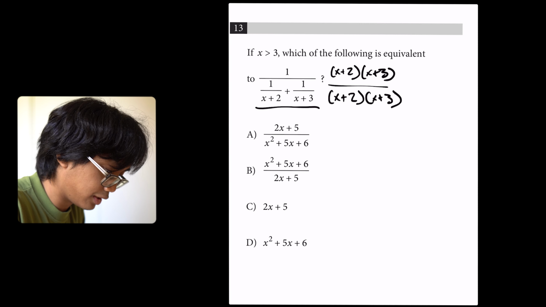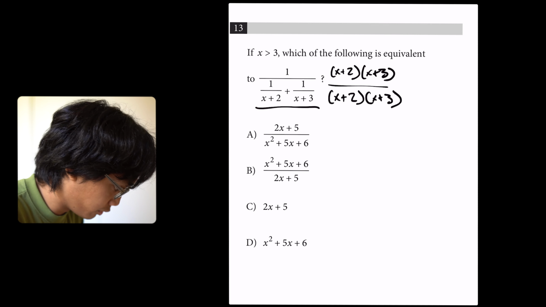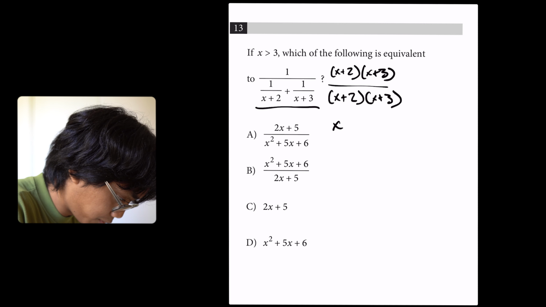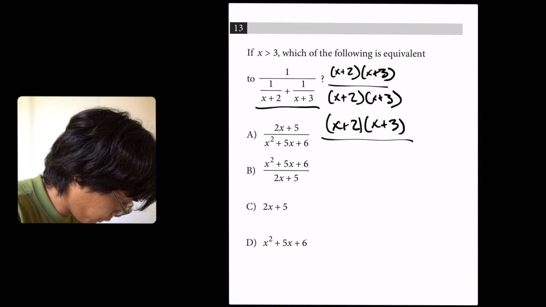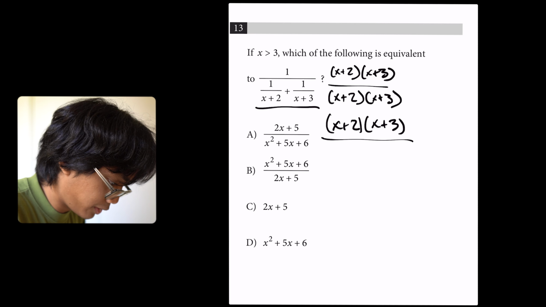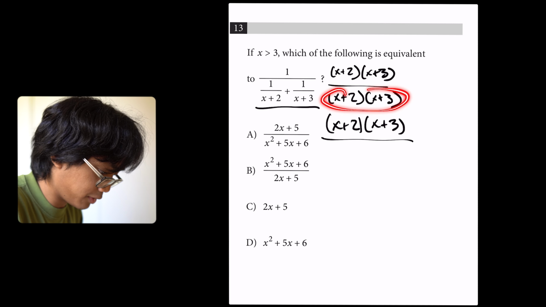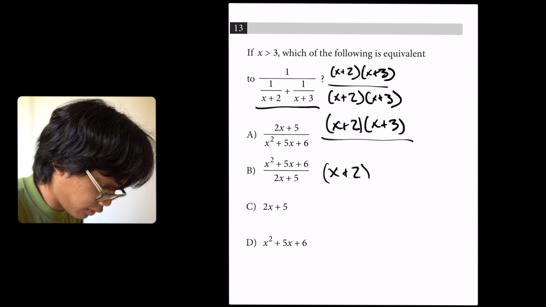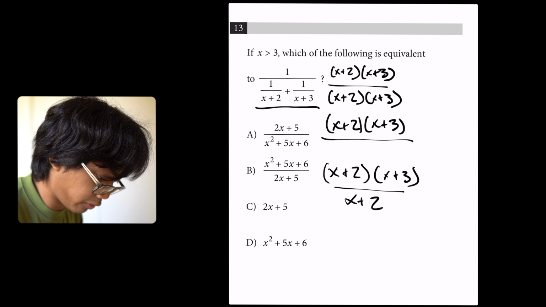But what you will find is that by doing that, you can pair these up. When you multiply it out, the x plus 2 will stay on the top. For example, if we do this times this, we'll get x plus 2, x plus 3 over x plus 2, and this cancels out, so you would just be left with x plus 3.